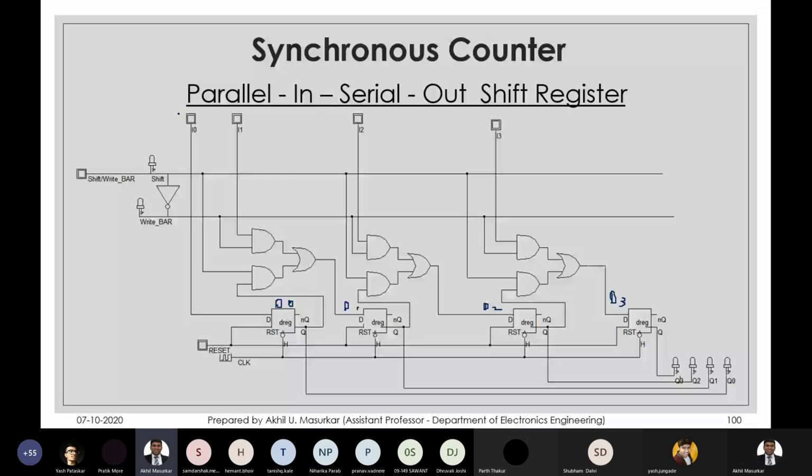So when this button is 0, at that time you are doing a write. Write means parallel in, and when this button is 1, you are doing the shifting operation. Shifting means serial out.